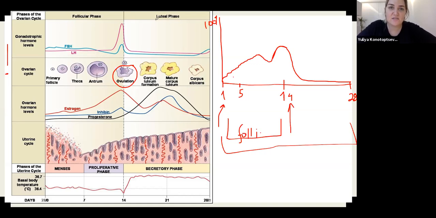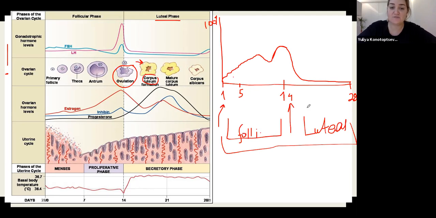The second phase is known as the luteal phase. The luteal phase is very important because the ovulated, ruptured follicle will undergo some changes. The follicle that remains in the ovary after you ovulated is known as the corpus luteum.